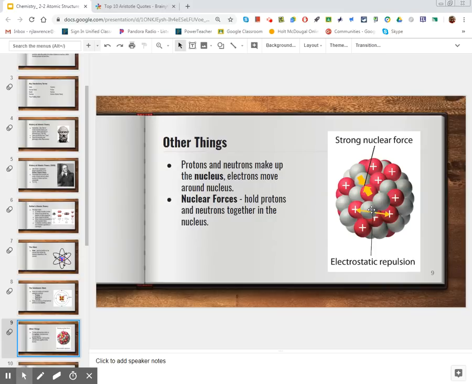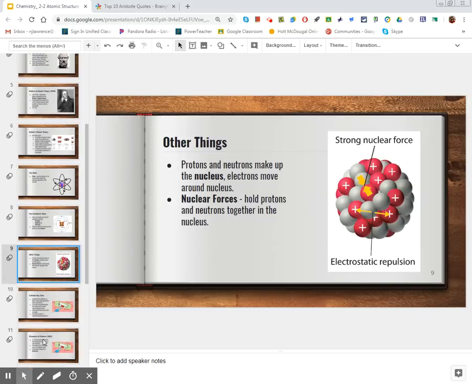They act as something to allow this electrostatic repulsion so that we can have a balance between the nuclear force of the neutrons and protons holding together, but yet not allow these protons to push each other apart so that the nucleus would not dissolve. So we have nuclear forces, again, both the strong nuclear force, which is also electrostatic repulsions, that holds these protons and neutrons together in the nucleus.